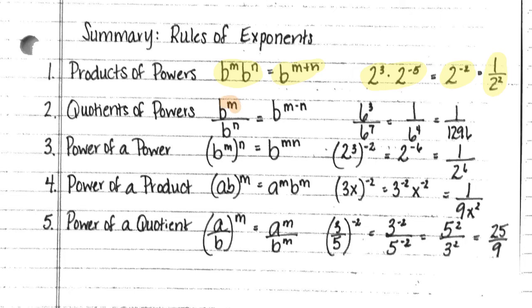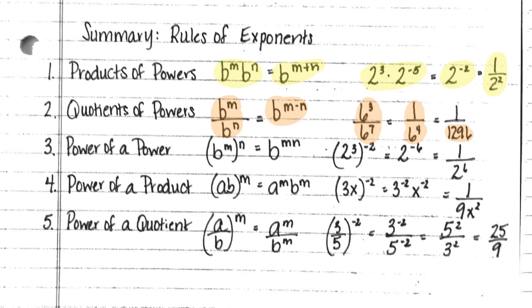Quotients of powers, if I have b to the m over b to the n, I subtract, b to the m minus n. And we did learn that we can have 6 to the third and 6 to the seventh, and we're going to put it where the greater exponent is. Now, we don't have to know 1 over 1296, but that is the answer.